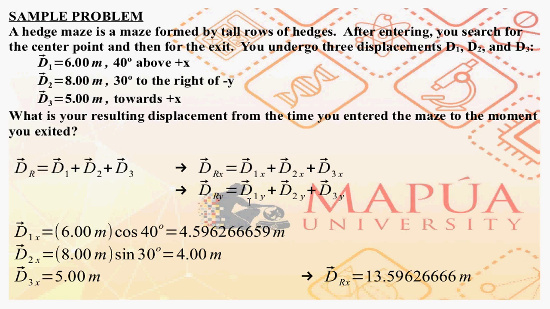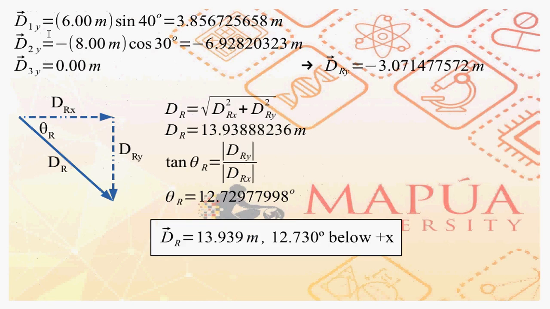We do the same thing for the y component. So determine D1y, D2y, D3y. D1y will give you 3.856725658 meters. D2y will give you negative 6.9282033 meters.